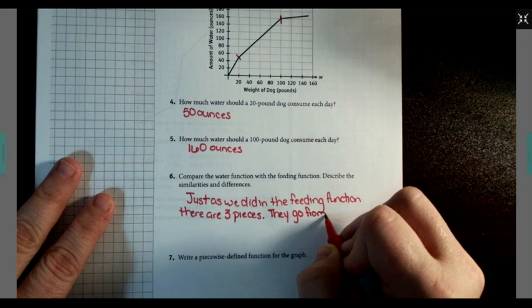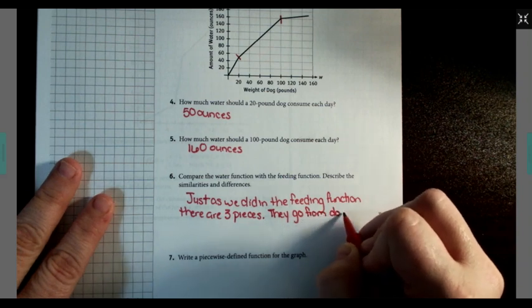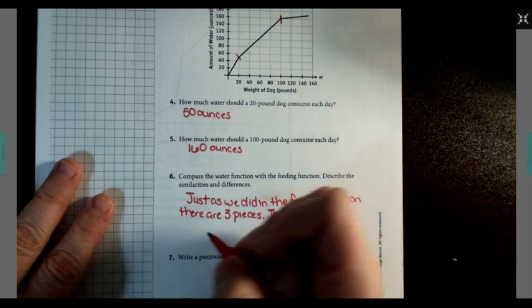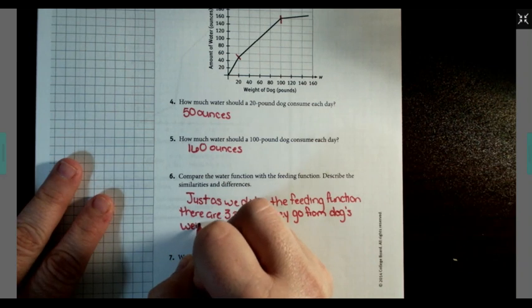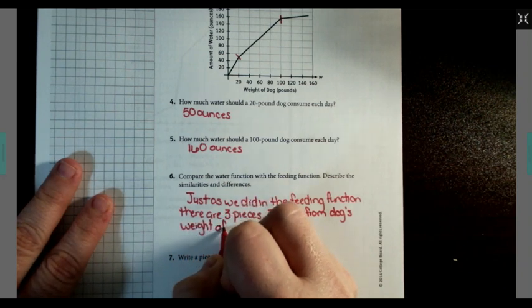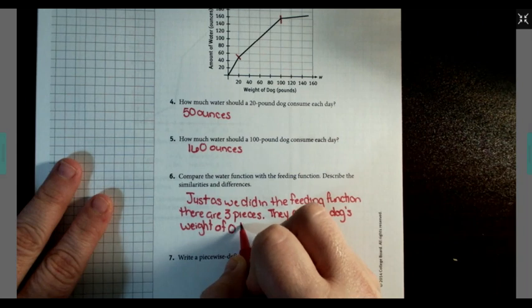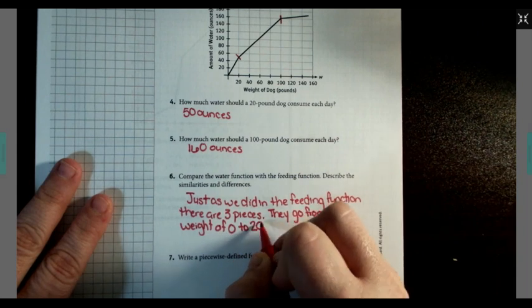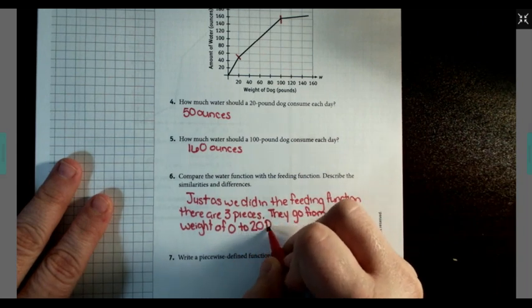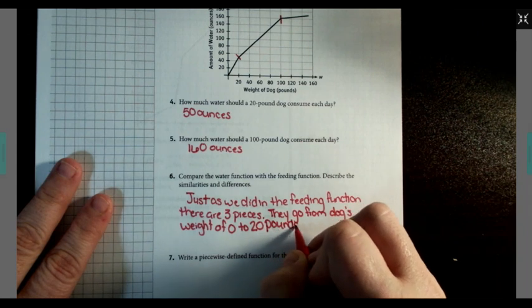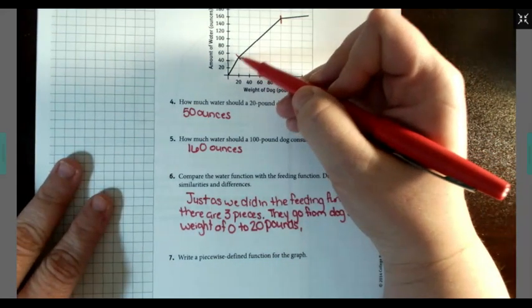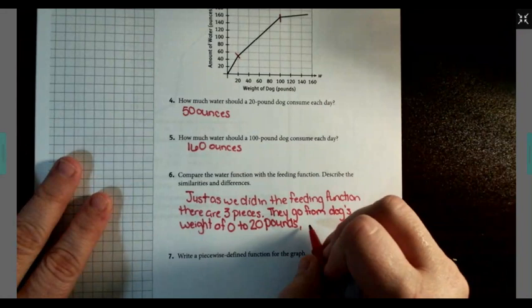They go from dog's weight of 0 to 20 pounds. The second piece goes from 20 to 100.